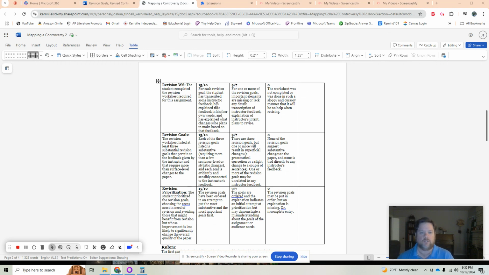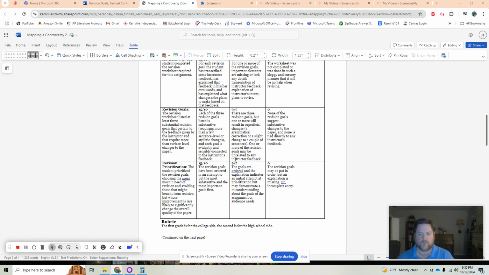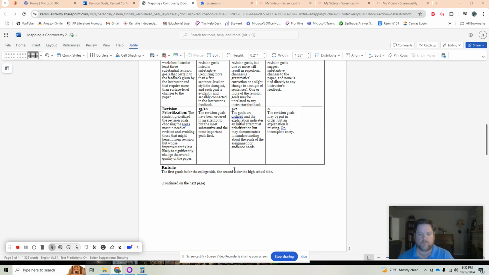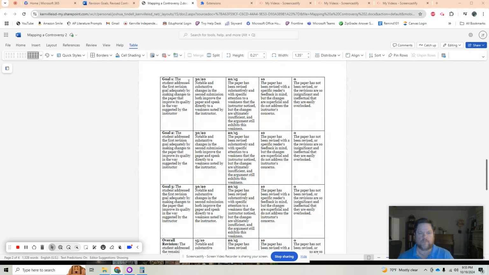All right, so we already talked about this first page of the rubric. The big idea here is that these three categories all add up to 30% of the total grade. Now we'll look at the second page for the remaining 70%. These three lines are your three main goals.